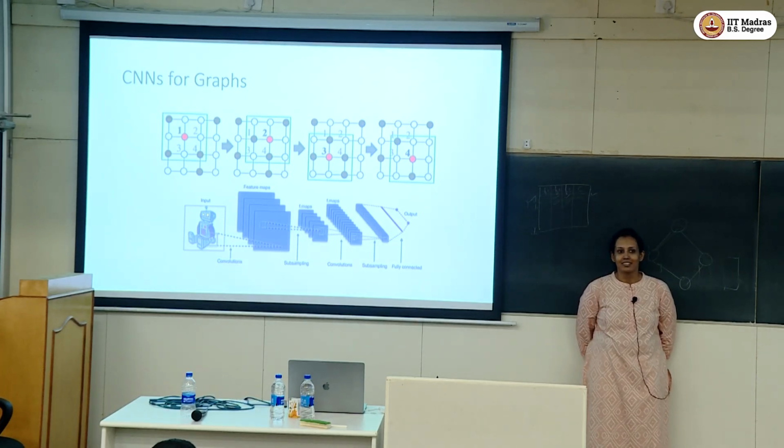Graph to image means you need a grid. You need, let's say, 228 cross 228 kind of dimension. So how do you do that? How do you get RGB from graph?